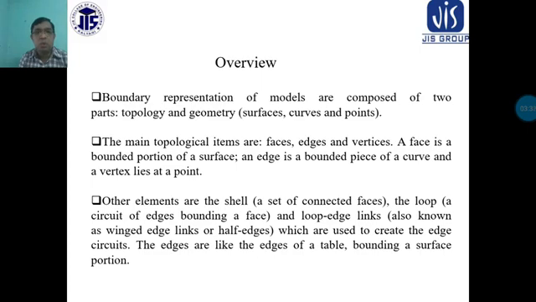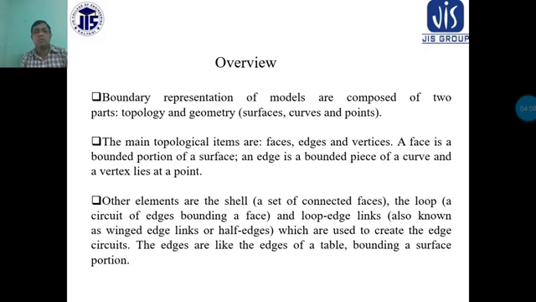The main topological items are the faces, edges, and vertices. You can see here that a face is a bounded portion of a surface, an edge is a bounded piece of a curve, and a vertex lies at a point.